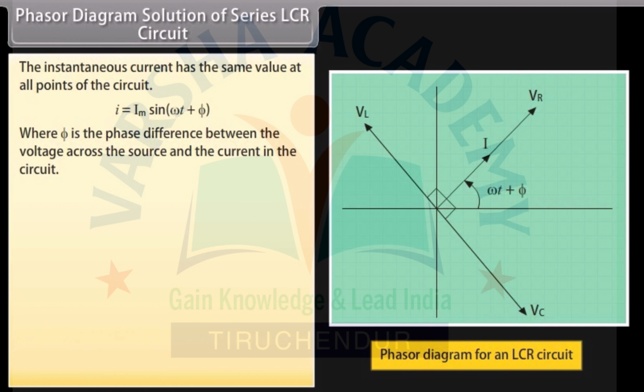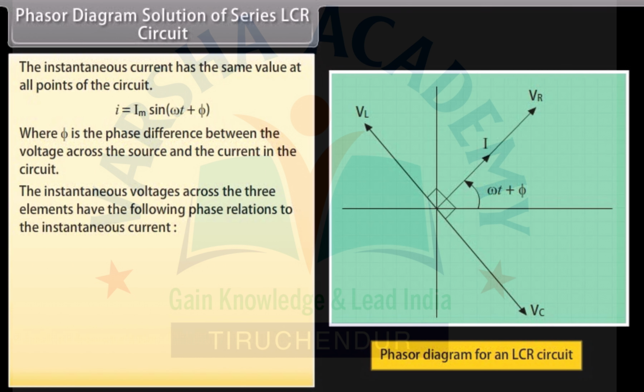where phi is the phase difference between the voltage across the source and the current in the circuit. The instantaneous voltage across the three elements have the following phase relations to the instantaneous current.